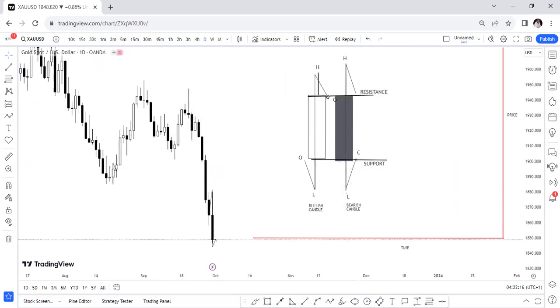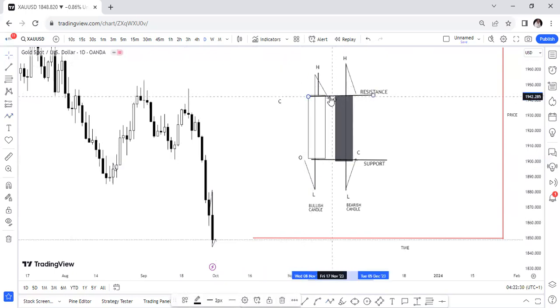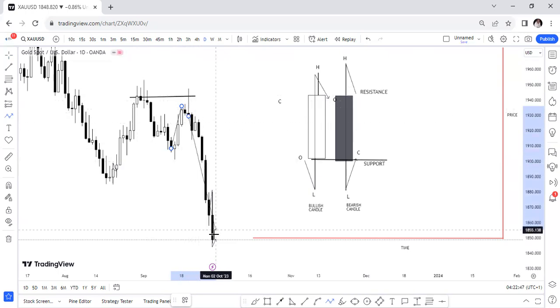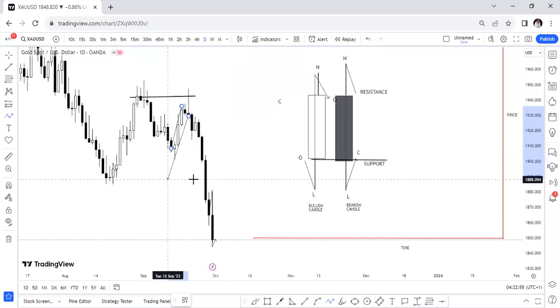So for here now, this is the resistance level of the market. Price has moved to take out all the stop losses available above this resistance level, then they will start coming down to trade off this level of support.